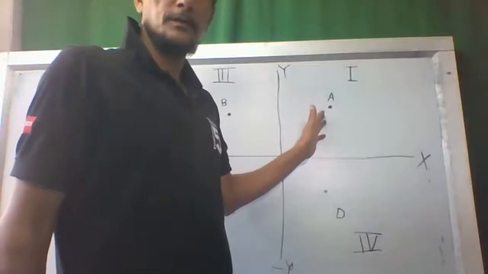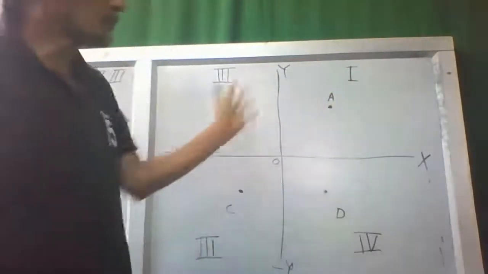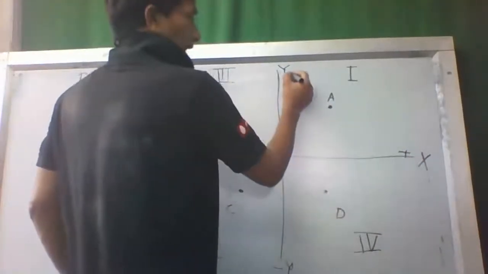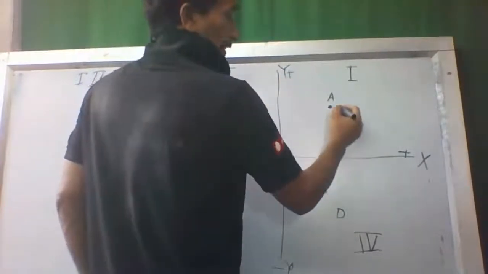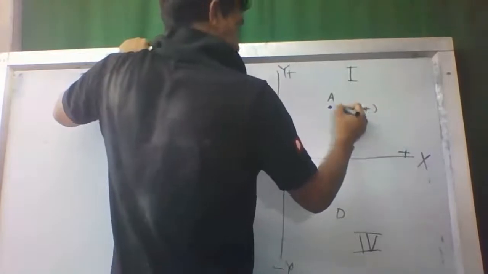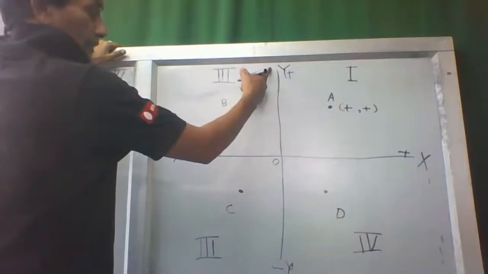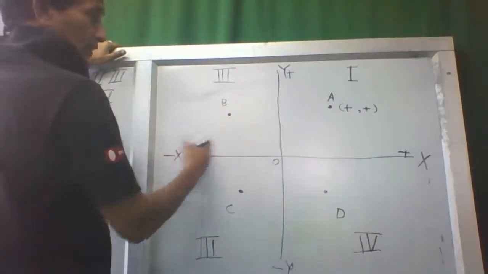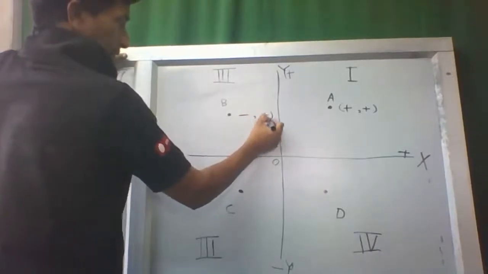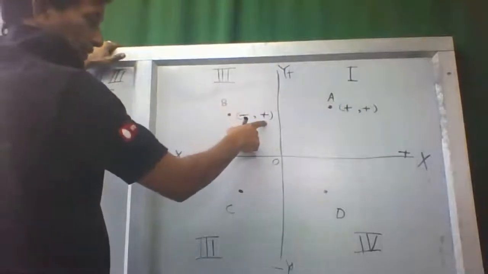If this is a reference point in the first quadrant, then both are positive, so its reference will be positive, comma, positive. Here y is positive, but x is negative, so it will be negative, comma, positive.